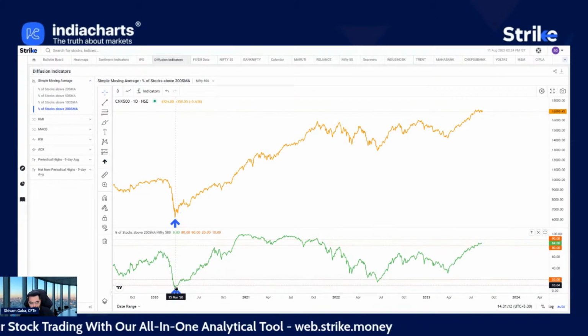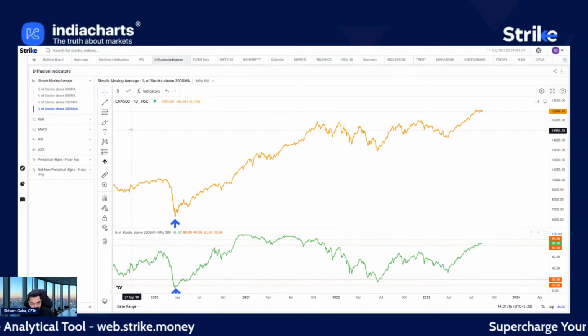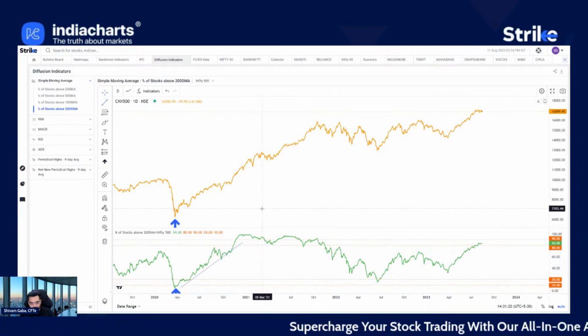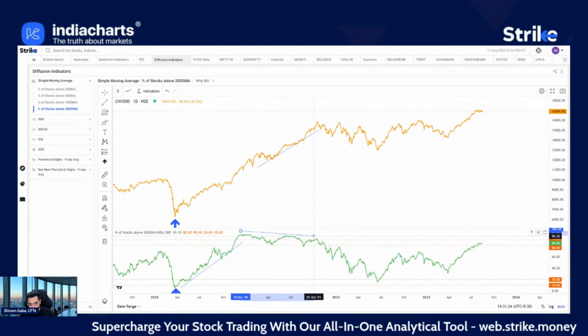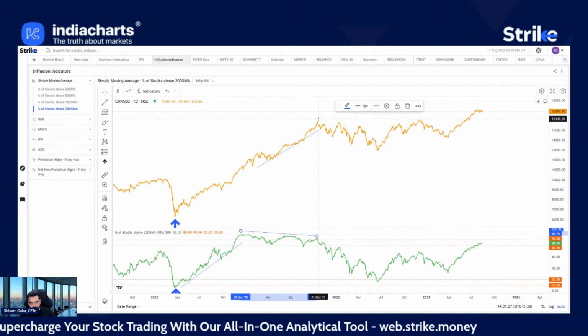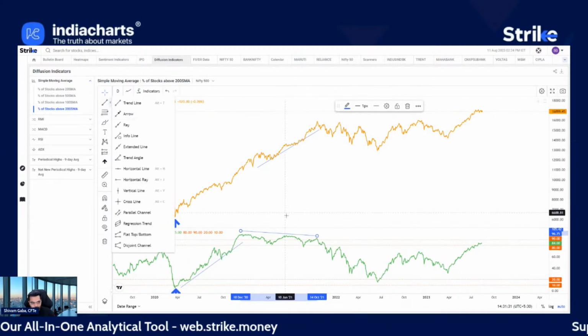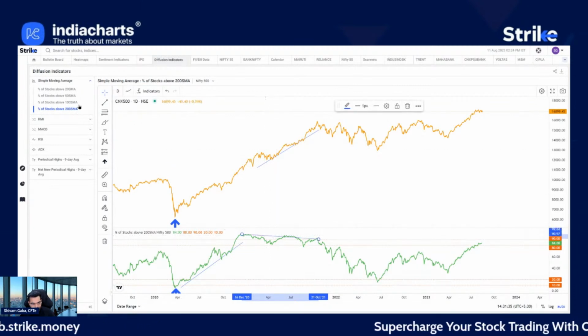And from there on, the rally started, and there was strong participation from all the sectors. And in the later stages of the bull markets, you can see the participation was slowly decreasing, and we had a medium-term top here.